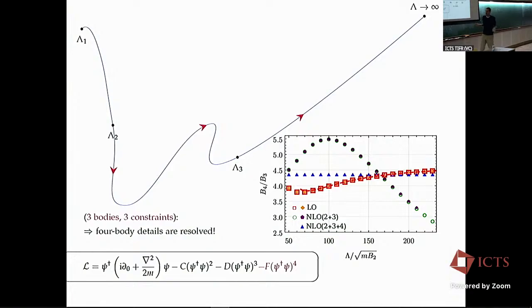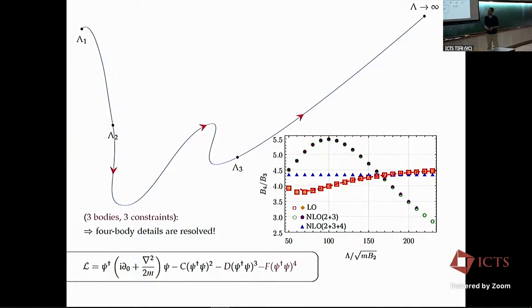The way out is to promote, yet again for the four-body system, an operator which is the cousin of the three-body vertex, namely a four-body vertex, which absorbs this cutoff dependence and then yields by construction the blue triangles.